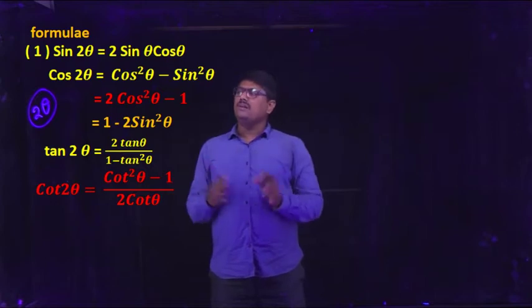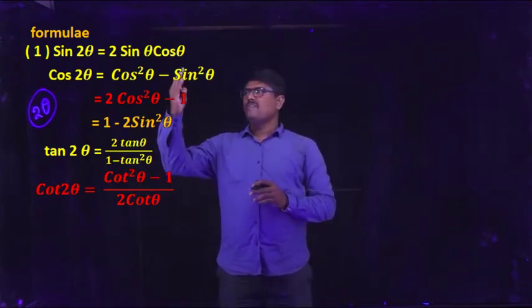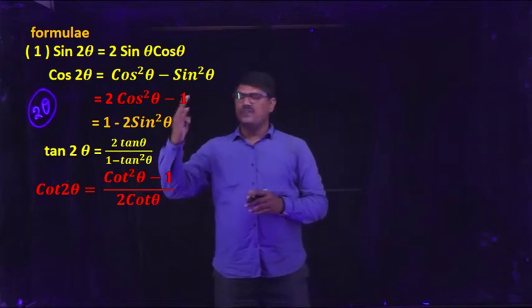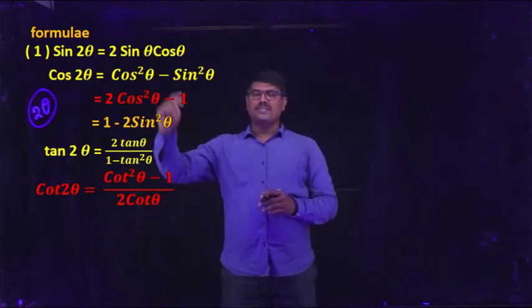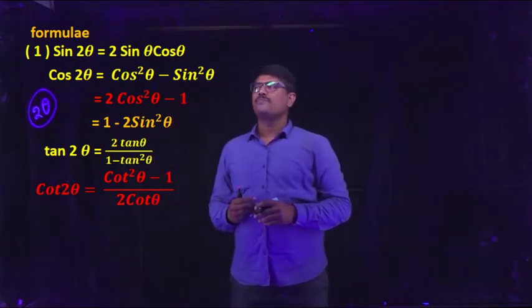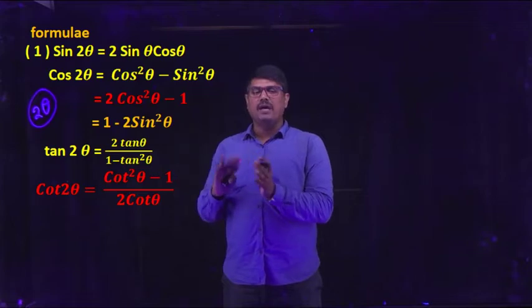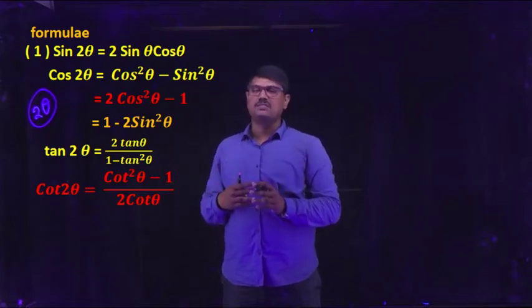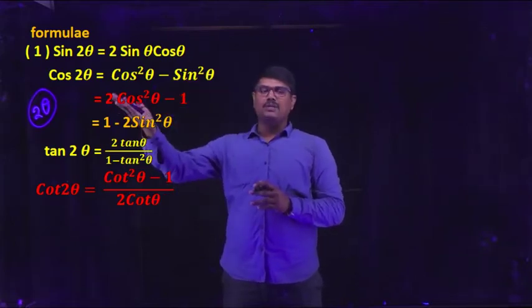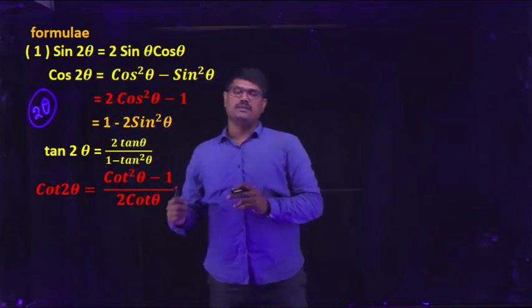Later we will see how the formulas came. First let me explain the formulas. The formula for sine 2 theta is 2 sine theta into cos theta. You have to practice the formula in both directions, so in the reverse direction, 2 sine theta cos theta is sine 2 theta.